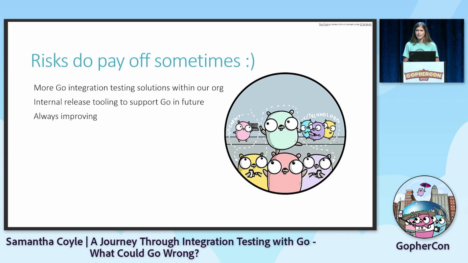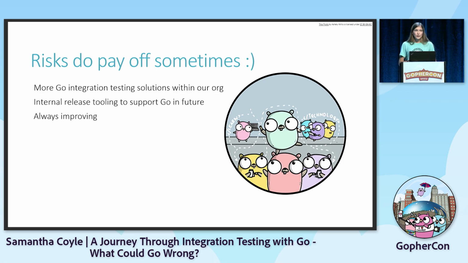And I do want to point out that risks can pay off. So this whole Go integration testing journey started with us and it's propagated from there. So our org is shifting away from that Python Robot Framework approach and kind of reusing some of our packages here.